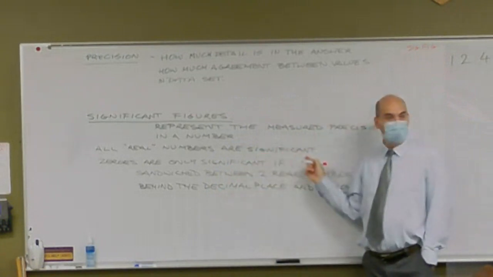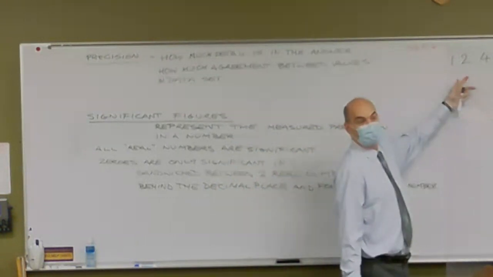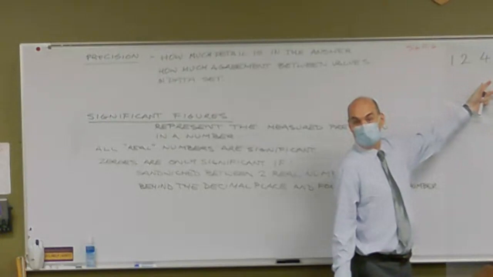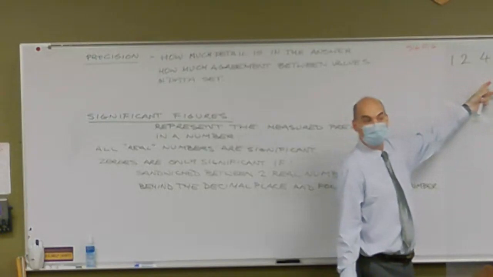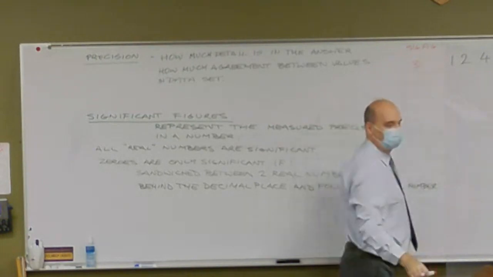All real numbers are significant. So the 1 is a significant figure, the 2 is a significant figure, the 4 is a significant figure. How many is that? Say it out loud. Okay.